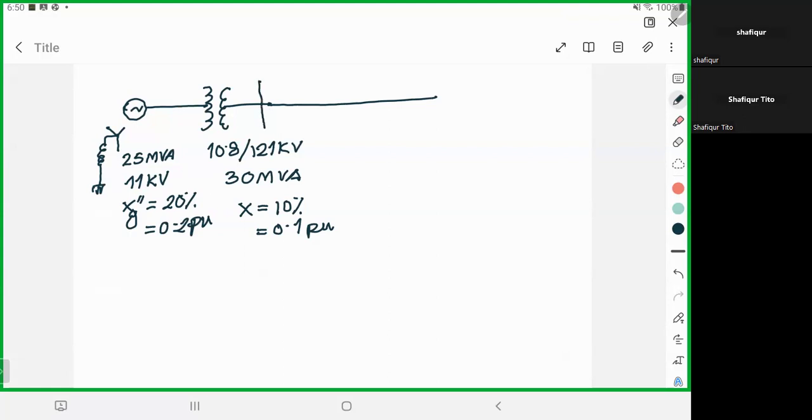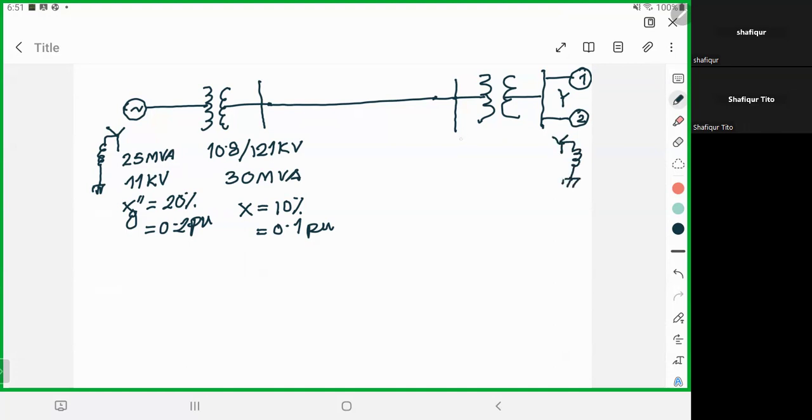And then this was a bus, and it is connected with a feeder, and with another feeder, and this is connected with a motor. This transformer is Y connected, and this is also Y connected with the ground.